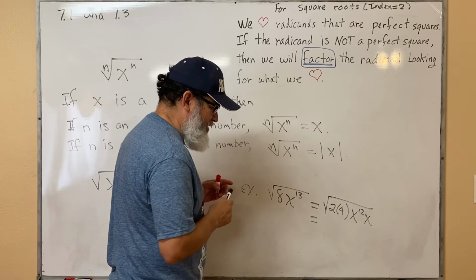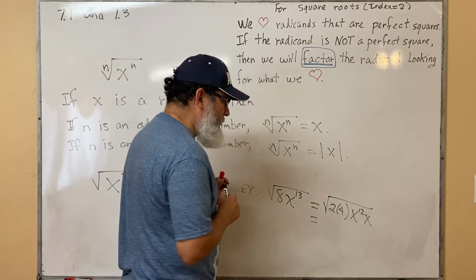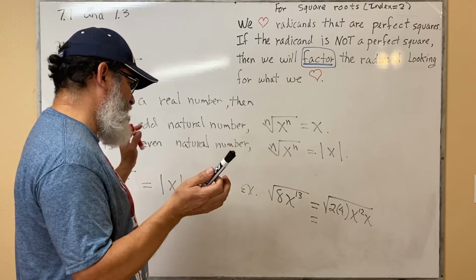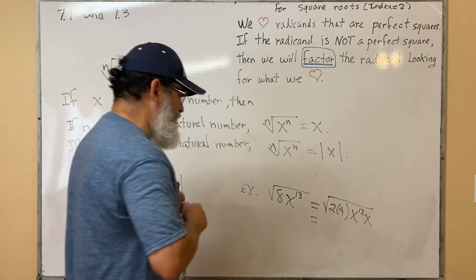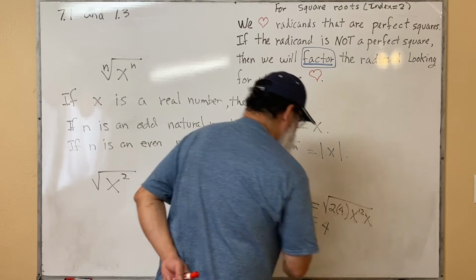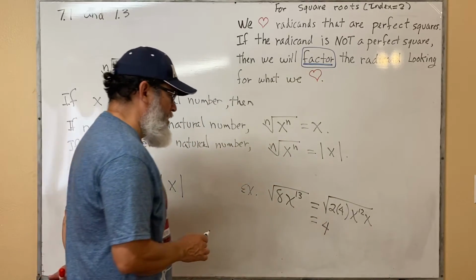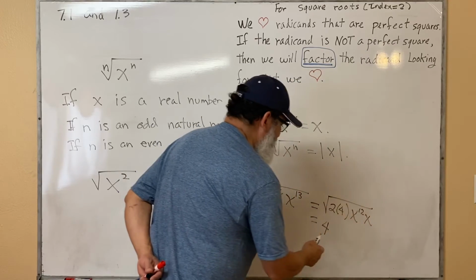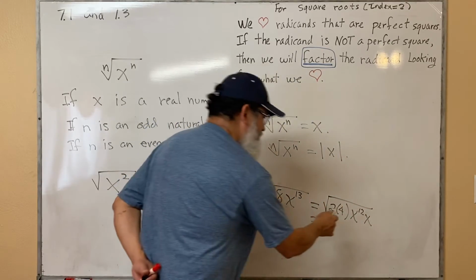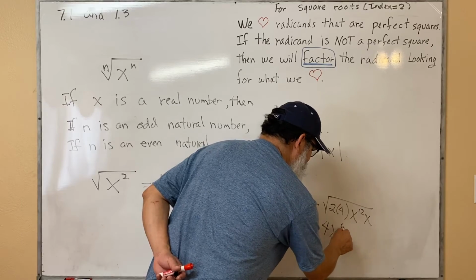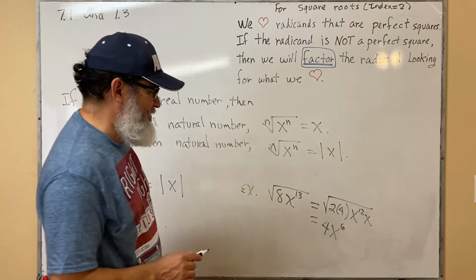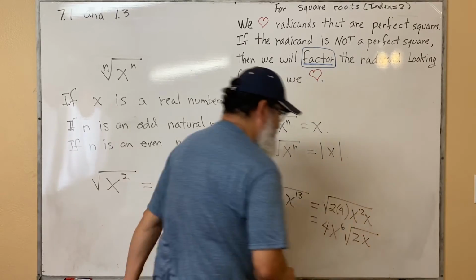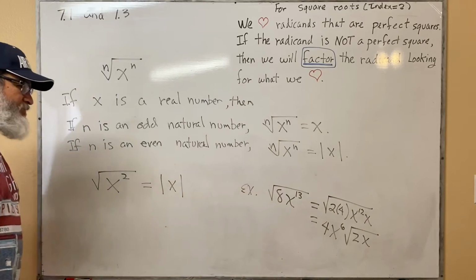In this case, we get a 4. Actually, in this case, it doesn't apply because x to the 6 is always positive anyway. The square root of 2x.